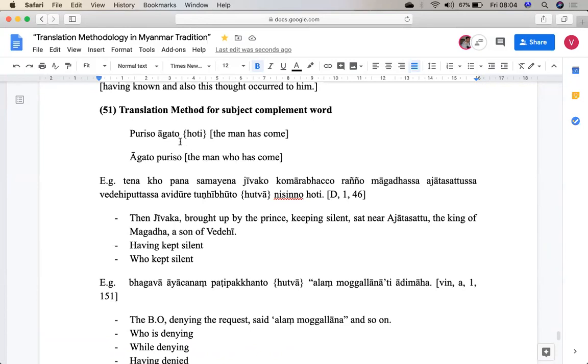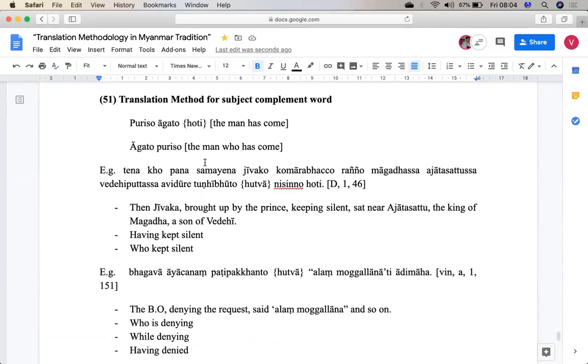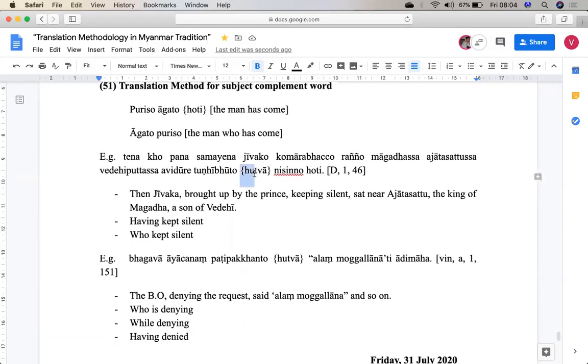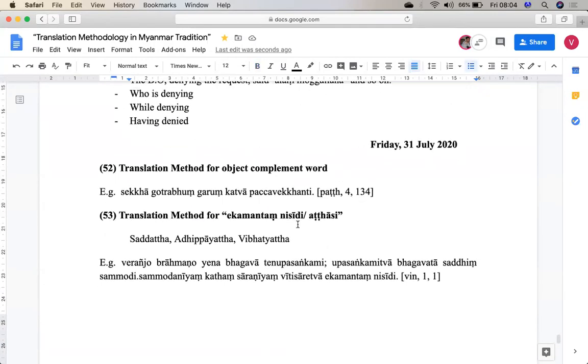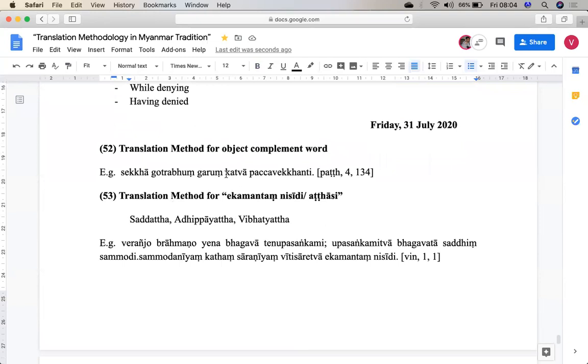Last week, on Wednesday, I already explained it: we put the verb to understand it thoroughly, that means as a gerund we can translate. But for the object complement, we need to understand the verb karitvā. In all the examples I found, karitvā is not hidden, not silent. It is already put, so it cannot be silent. So that is not so difficult.